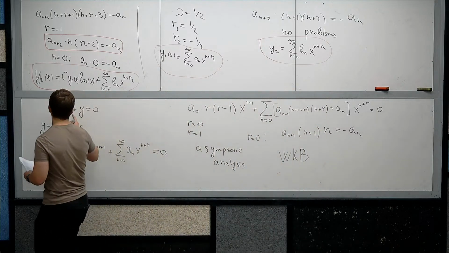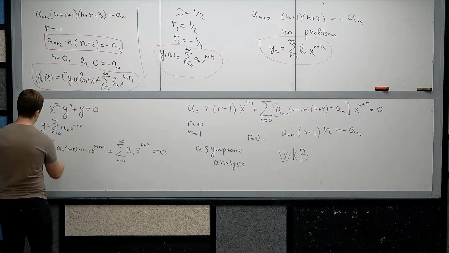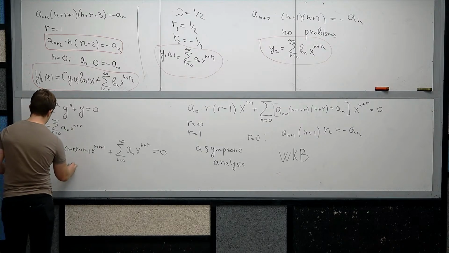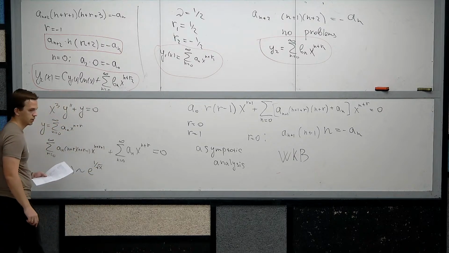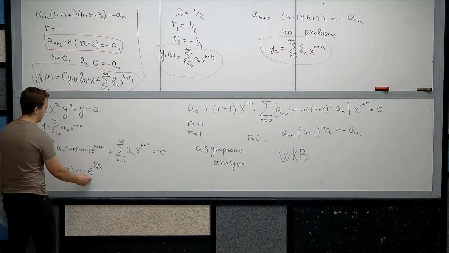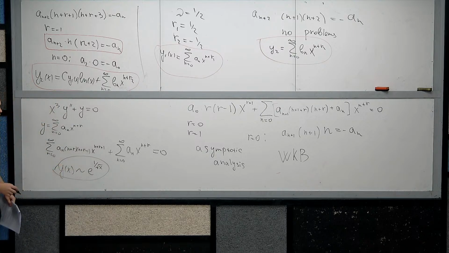We will show that the solution of this equation behaves like e to the power 1 over square root of x. I think Nadav today told you already how to deal with irregular singular points. We will see it in detail in the next tutorial.